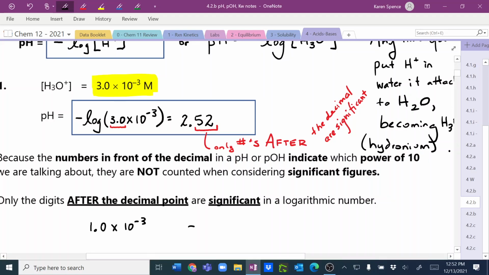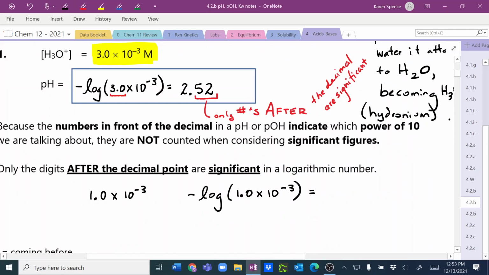If we take the negative log of 1.0 times 10 to the negative 3, we get, and could you guys tell me what we get without using your calculator? Yeah, you get positive 3 because it's the opposite of negative 3, right? So we get positive 3.